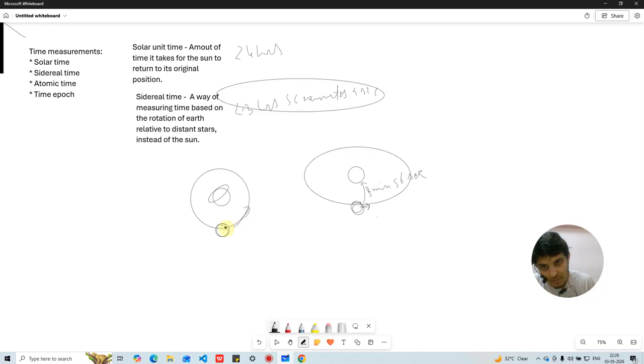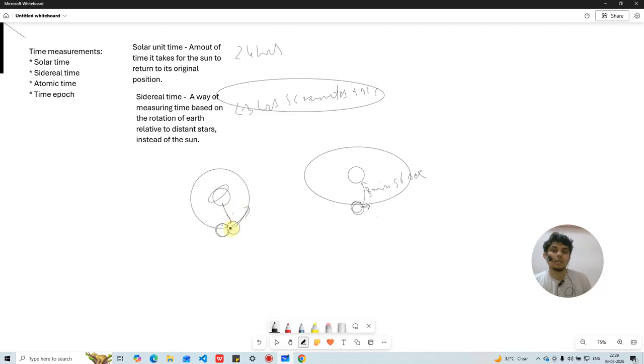Now what happens is, as I am rotating, I'm also moved a little bit forward. So now for this point to face the sun, to have the sun at the exact same location, we need an extra 3 minutes and 56 seconds.